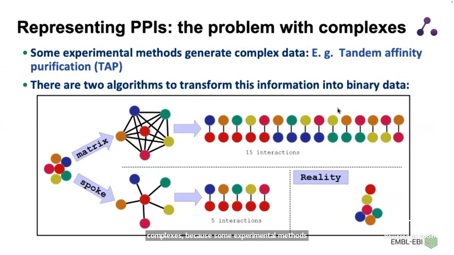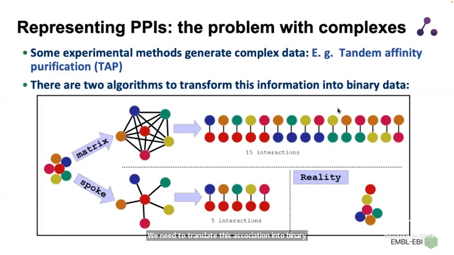For example, tandem affinity purification brings multi-protein interactions which are associated. So we cannot directly bring this information into a database. We need to translate this association into binary evidences.